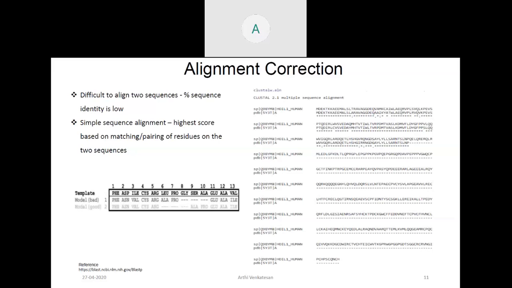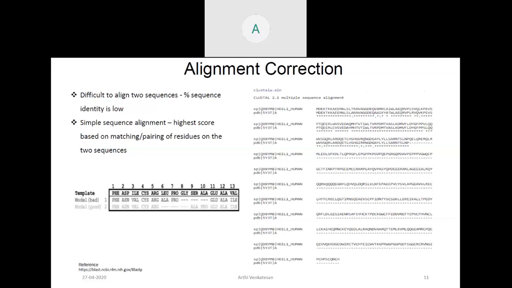A template with a good model has some gaps, but it is aligned and conserved, for example cysteine and arginine. They are conserved with the other amino acids. Conserved means that two homologous proteins are similar, which is called a conserved model.